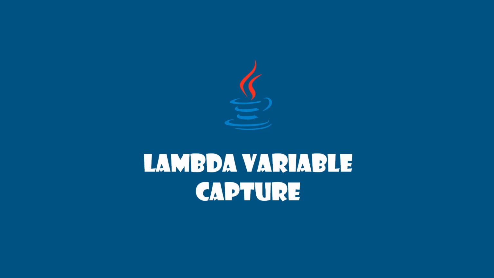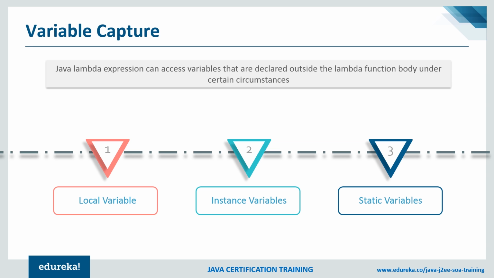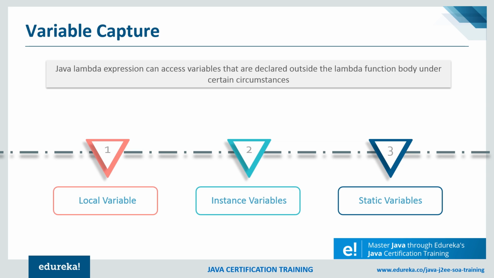Now, the different variables in your lambda expressions, how they can be captured. That is the other part which we have to look into, guys. There can be a local variable, an instance variable, and static variables. A Java lambda expression can access variables that are declared outside the lambda function body under certain circumstances.